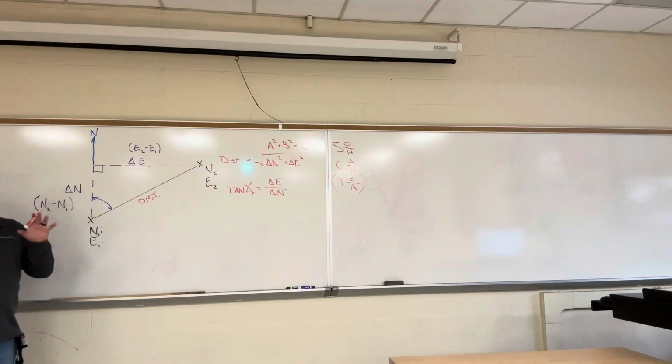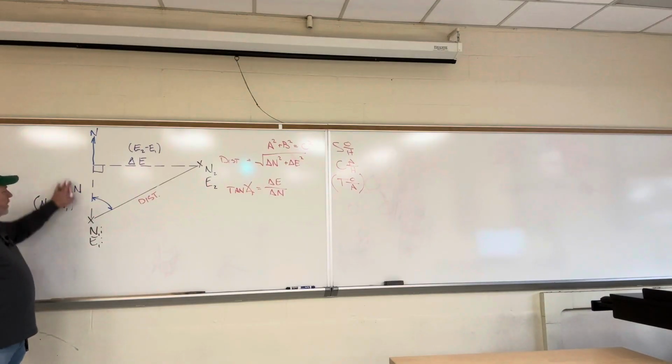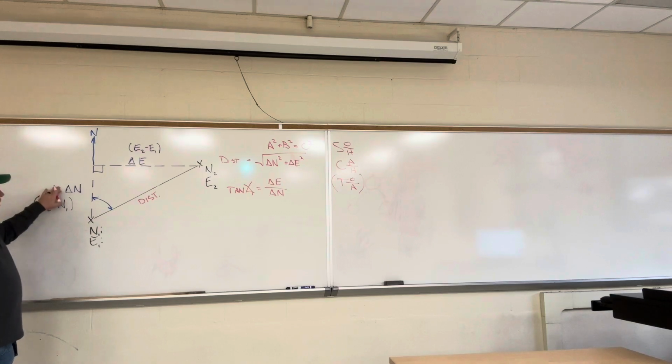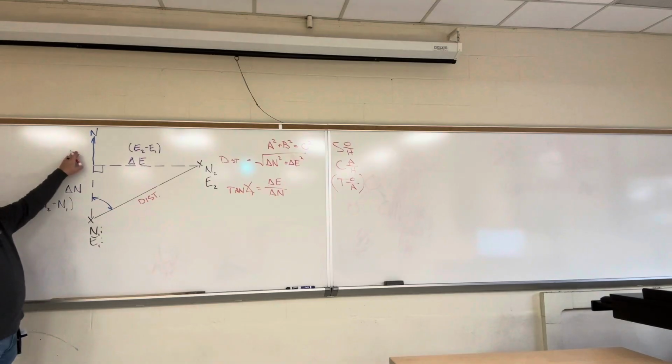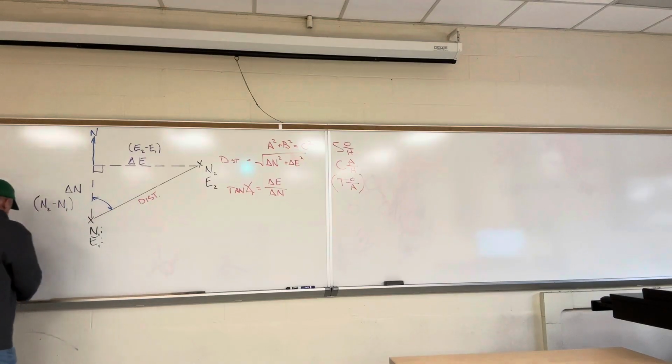Now, something you want to keep in mind when we're talking about northings and eastings. When we travel north, our delta north, our northings are going to be positive. Let's think of it this way.